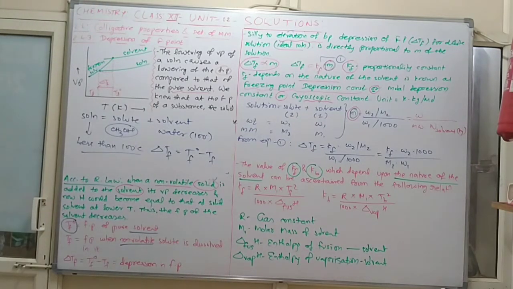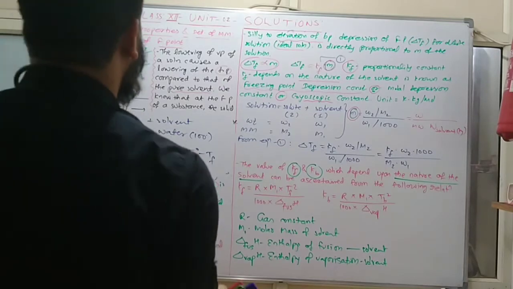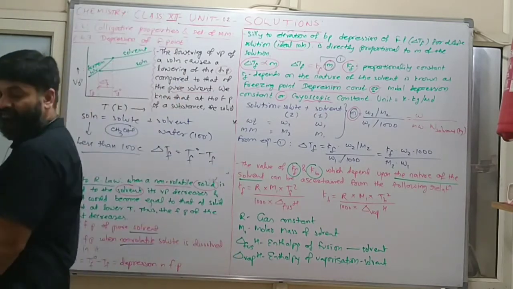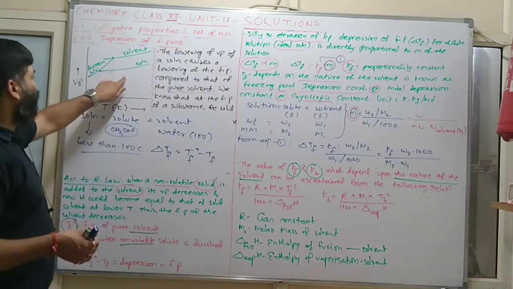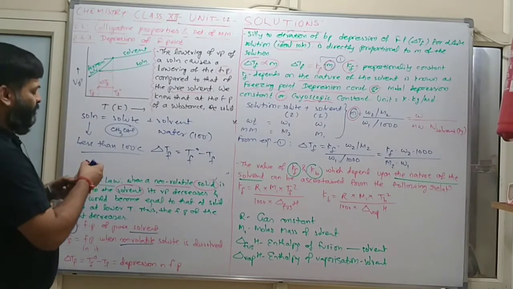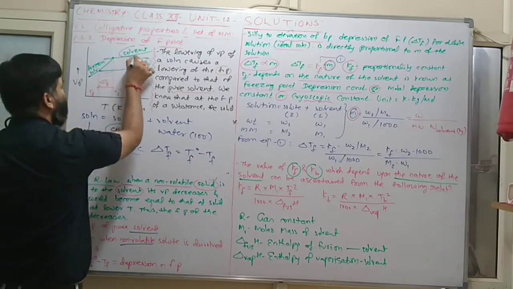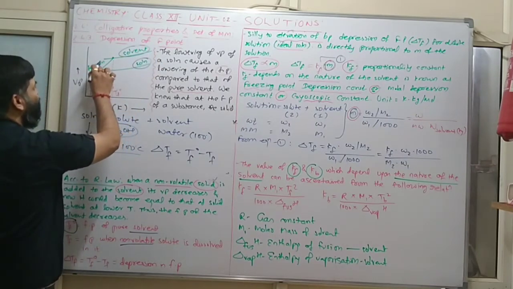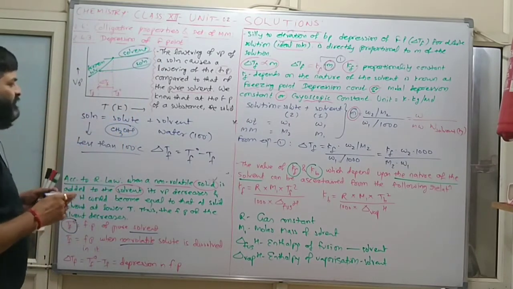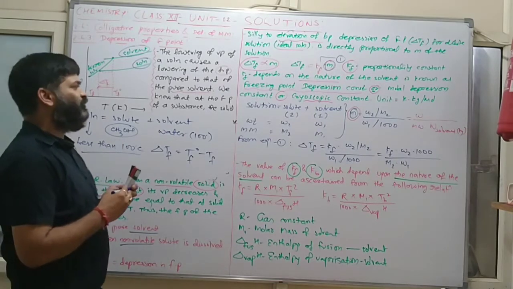So this is complete information of depression of freezing point. Clear? यहाँ देखो graph देखो, this graph is related with solution and this graph is related with solvent, and this is the frozen solvent. जितना part freeze हो जाता है ना उसकी बात चल रही है.